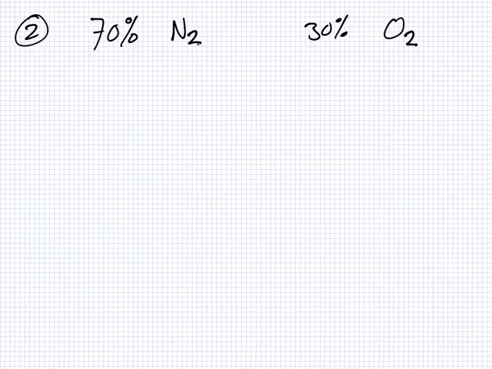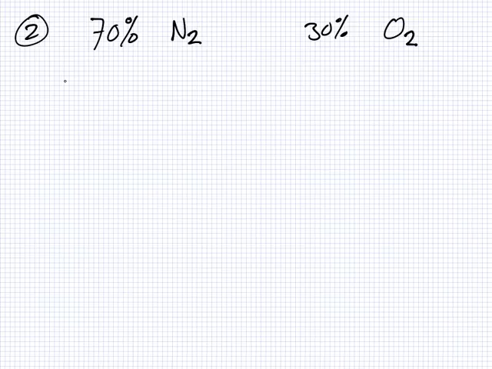I want the average molar mass. So this is a bit like relative atomic mass. It's 70% nitrogen, 30% oxygen.